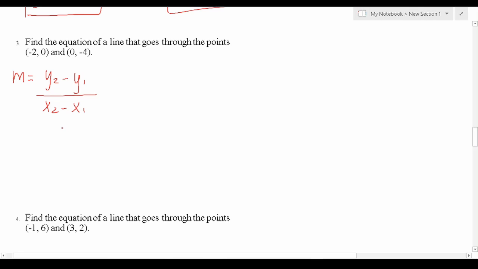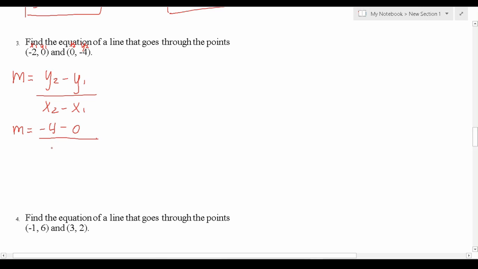And at this point, if you can't see it, go ahead and label your ordered pairs accordingly. I'm going to call this x1, y1, x2, y2. Now it's just a matter of plugging those things in. Y2 is -4 minus y1, which is 0.